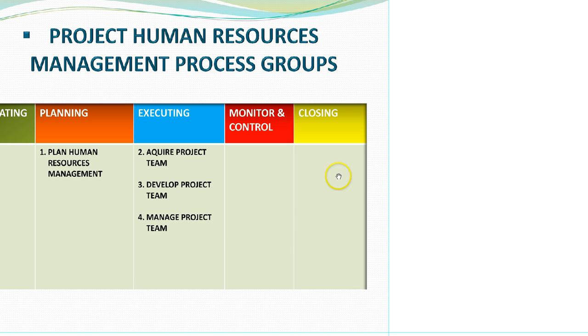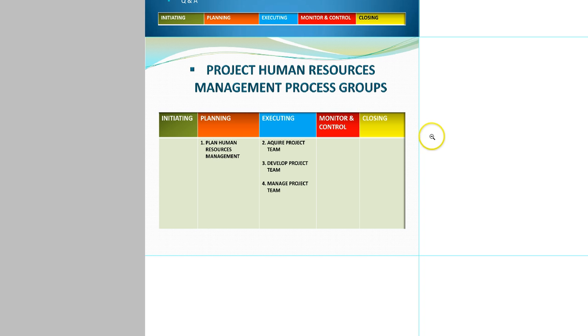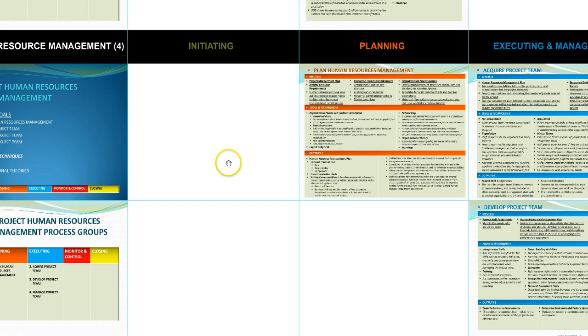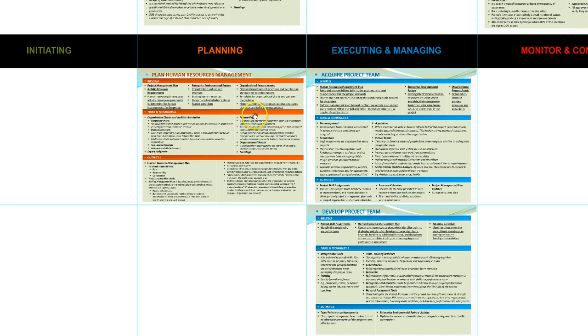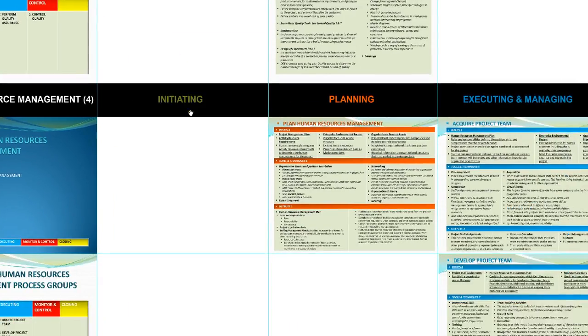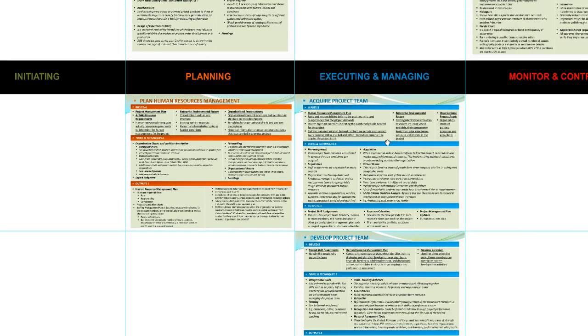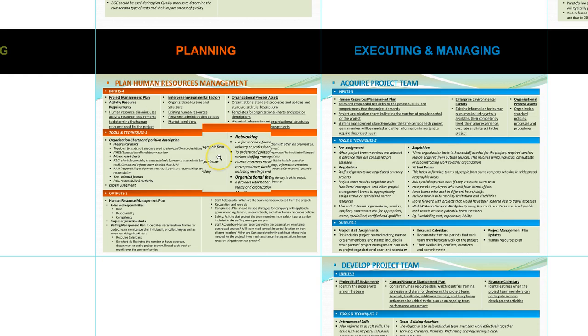Okay, now let's go into a little bit more detail of what the project human resource management process group talks about. Now, we've already done a lot of planning, right? We've done planning for the cost, planning for the scope, planning for the time, planning for the quality. Now this is planning for the human resource. It's basically how we are going to get these people.